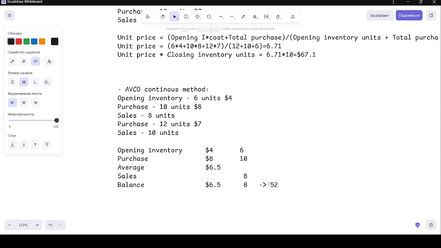Okay, that's it. And also we will calculate the next purchase, $7, 12 units. We will find the average. How will we find the average? We will take the total purchase and also closing inventory added and divided by total units.